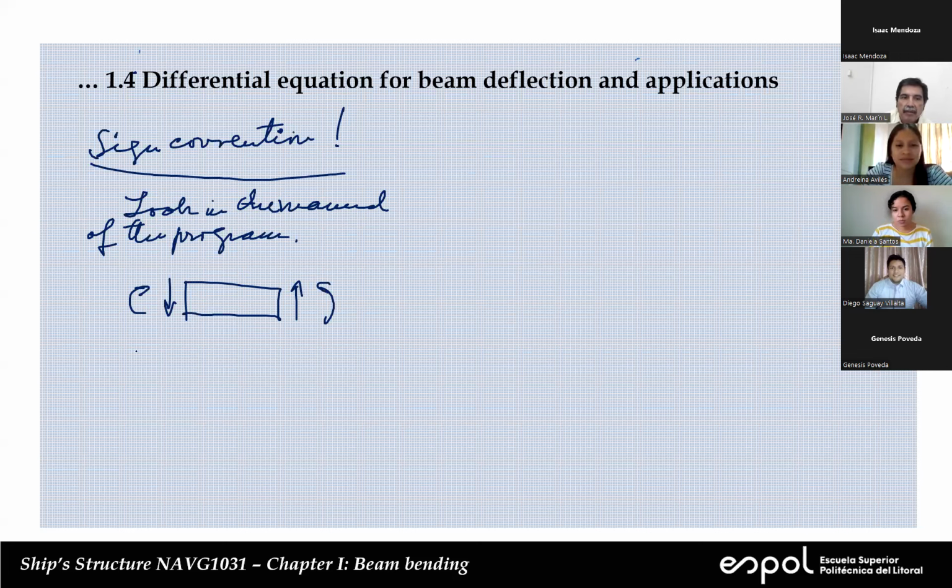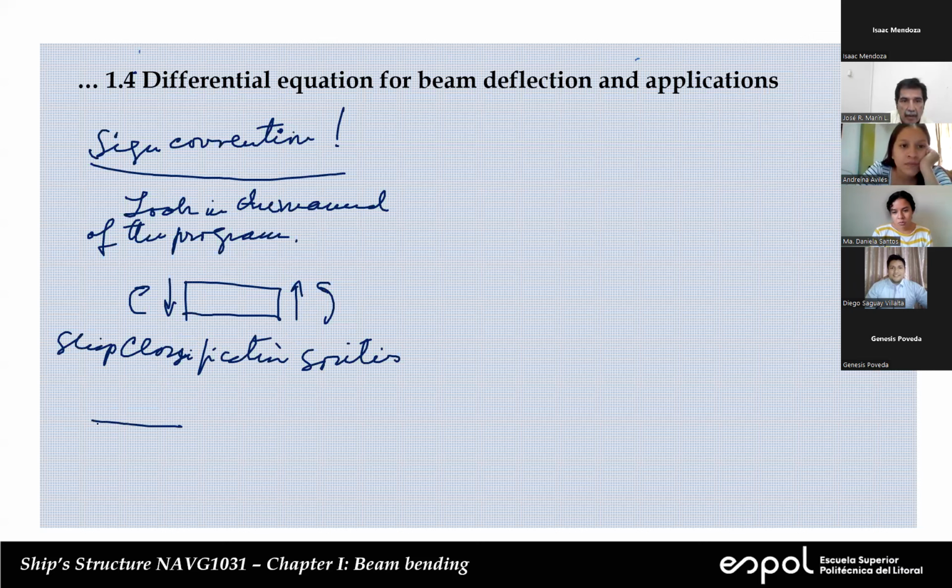For example, at the end, I just completed the class notes. Today, I'm going to make copies. For example, the classification societies, we have to be careful because this is at the end of the semester, of the ship classification society. They have a figure like this. Maybe you have seen it in the classification rules.